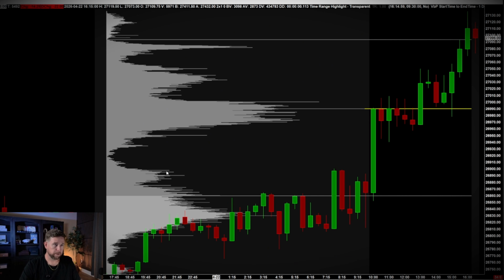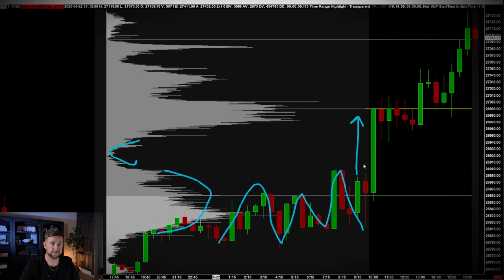So recapping, we see high volume areas where price is balanced. Price is mean reverting around an area where buyers and sellers agree on price. And then we see low volume areas where the market is aggressively overtaken by one side and price makes an imbalanced and aggressive move until it finds a new location where price is again balanced. Then price goes through a mean reverting phase and so on and so forth.